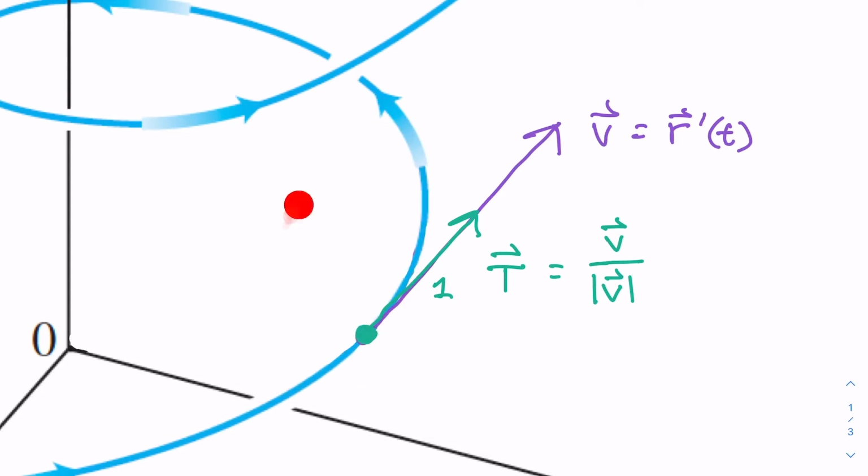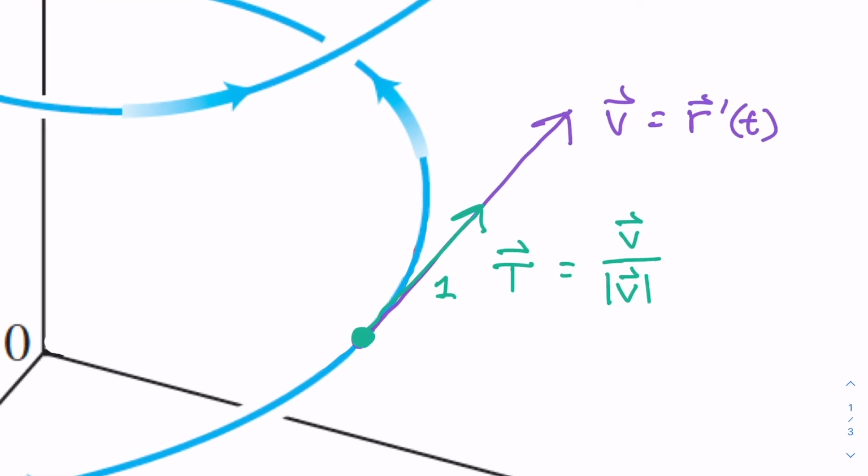If I were to plot an example unit normal vector at this point, you would get a vector that looks like this. And we call the unit normal vector capital N. And these are always going to be at right angles. And so the unit tangent vector points in the direction of motion, the unit normal vector points in the direction of curvature, the way it's turning.